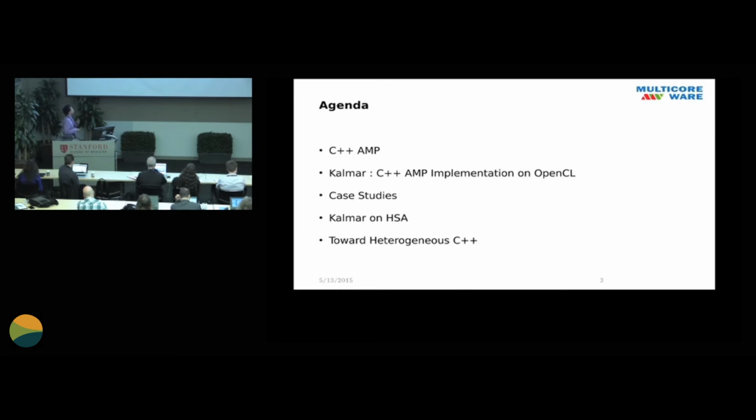We'll also talk a bit about how to run C++ AMP on HSA, because HSA has some unique features, so we can make the code simpler and more elegant. Finally, based on the functional blocks we have in place, we can work towards more generic C++ code in the coming future.